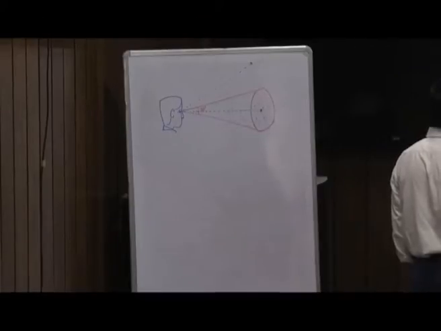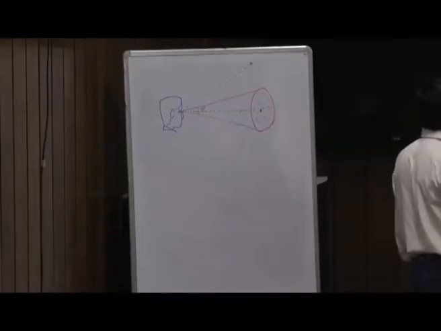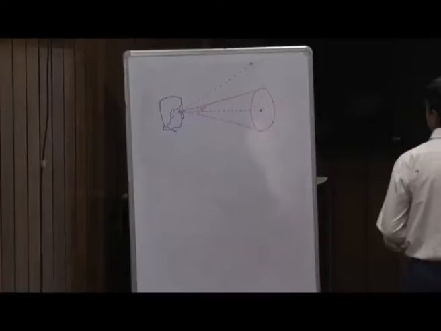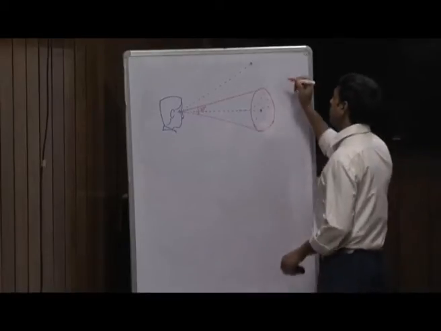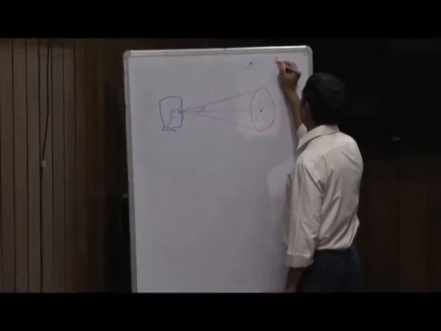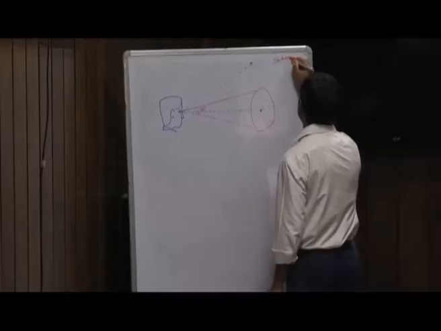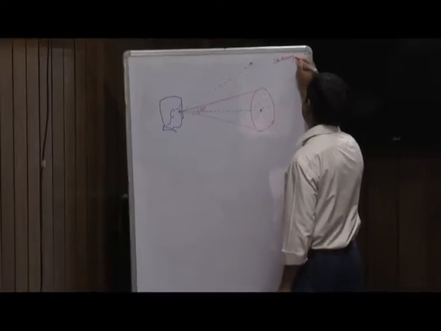This is known as the stationary field, where there is no eye movement as well as no head movement. So generally the stationary field is 30 degrees.